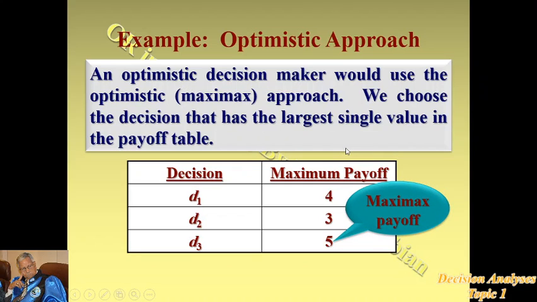This is what he will select. So the optimistic decision maker in our example will select decision alternative number 3, because it gives him maximization of maximum profit, or minimization of minimum costs.